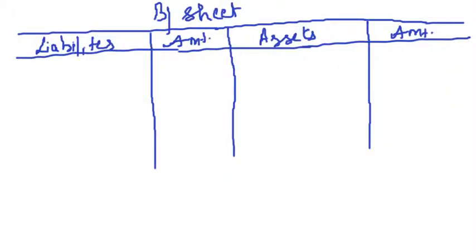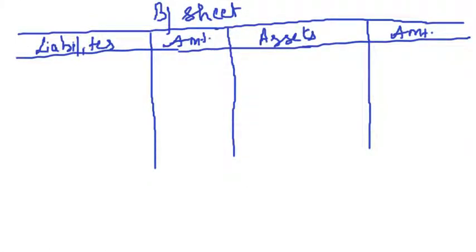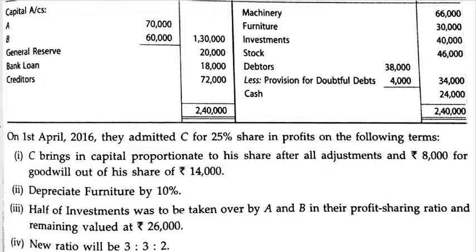Let's see one by one. Machinery. Anything related to machinery? No. It will appear at 66,000 only.